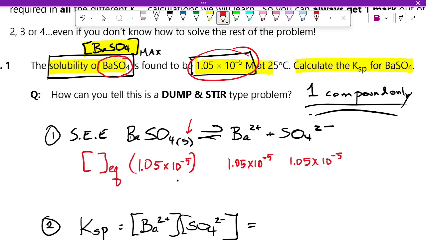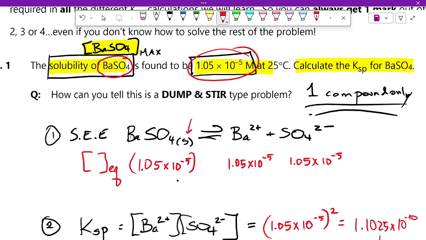And so instead of putting x in there and ending up with x squared, I'll put actual values, 1.05 times 10 to the minus 5 squared. And we get 1.1025 times 10 to the negative 10.